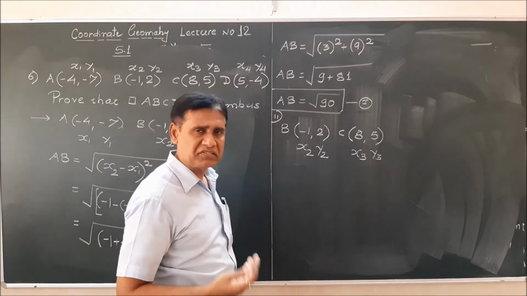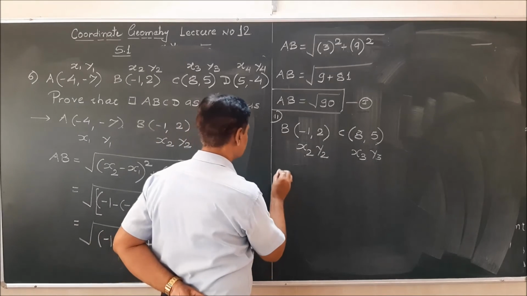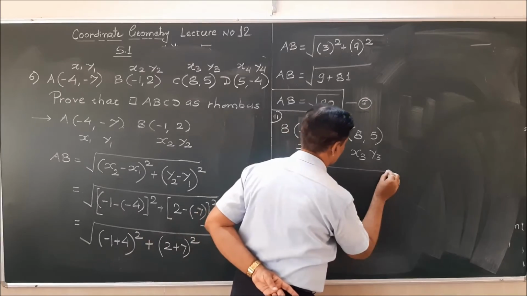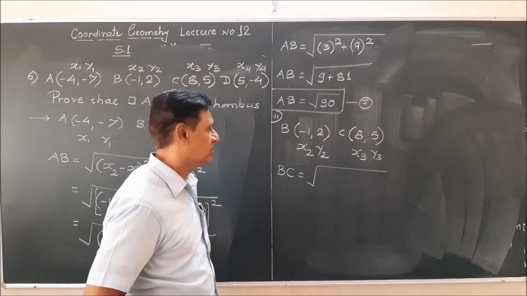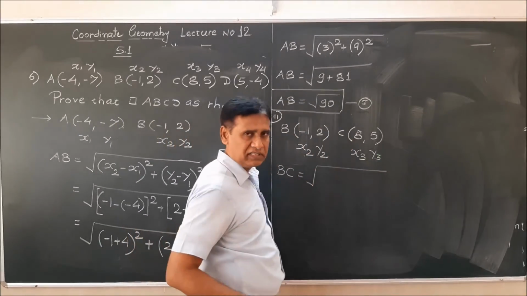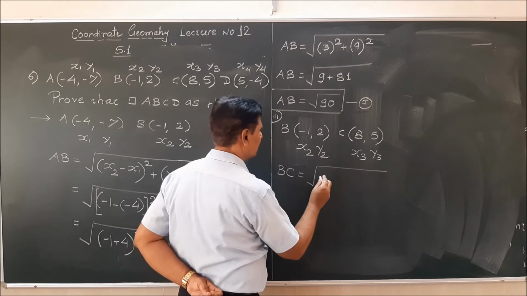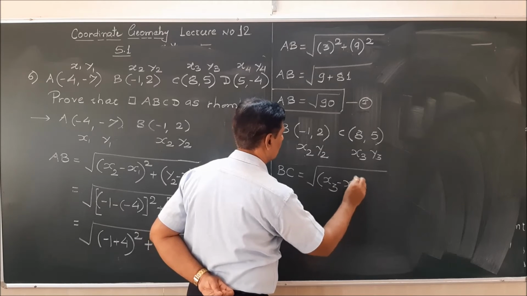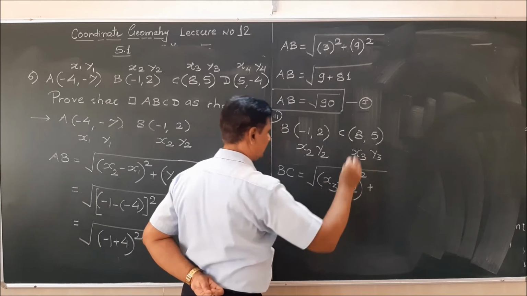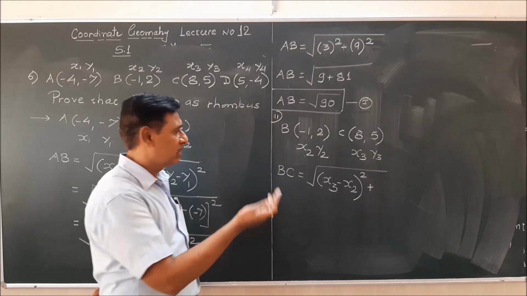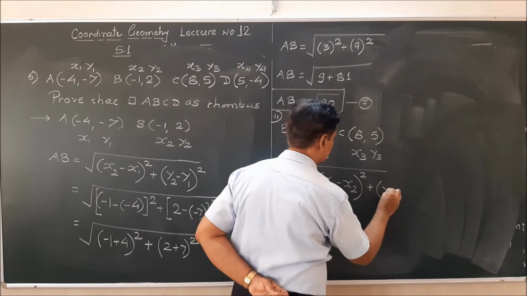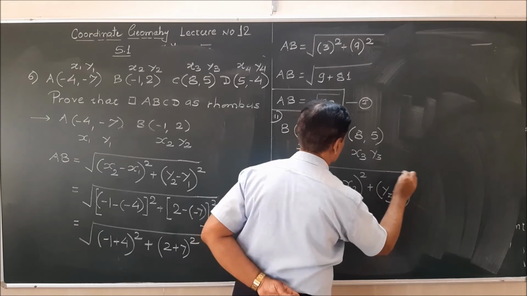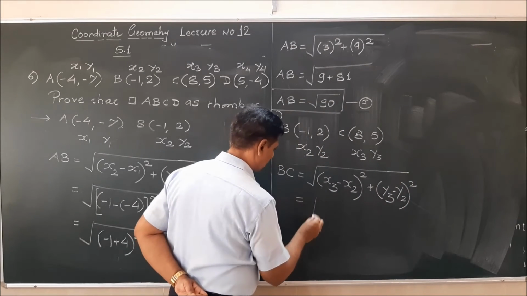The same by distance formula only. So distance BC is equal to root of the coordinates of the second point. Now the second point is what? C. x3 minus x2 the whole square plus y3 minus y2 the whole square.